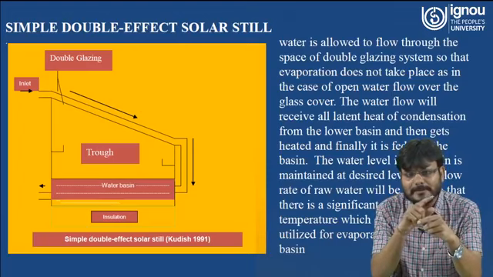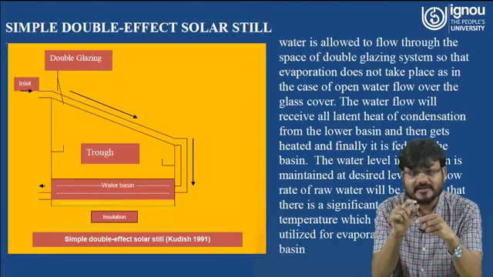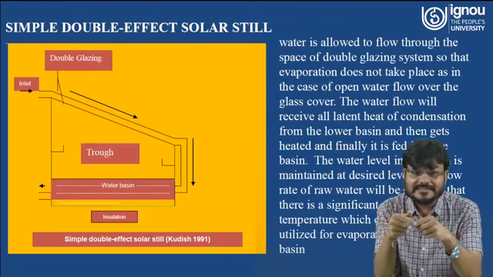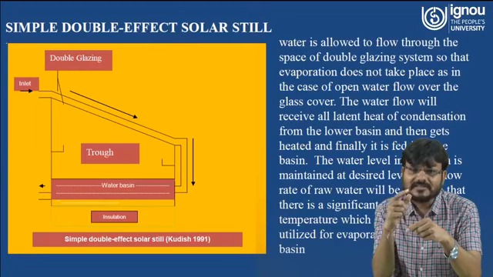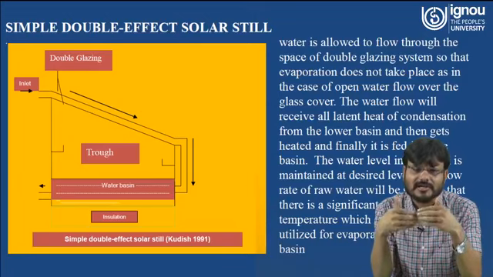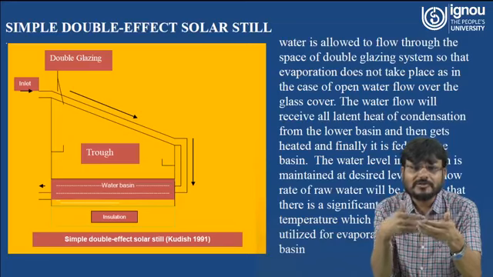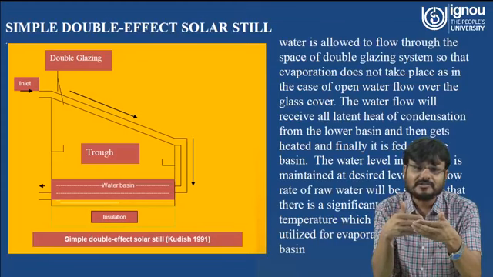So whatever heat is inside the double glazing, or hot air in the form of water, this hot water can again be injected inside the chamber. If you are able to inject the hot water inside the chamber, that means you are able to increase the temperature of the water inside the chamber, which means you are increasing the temperature of the evaporated water.